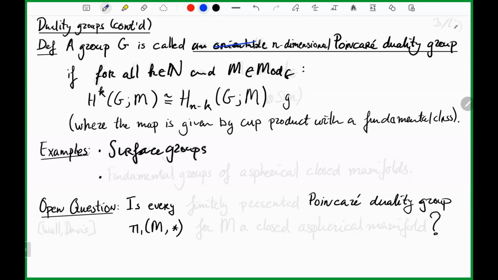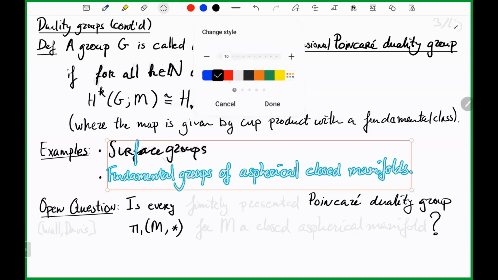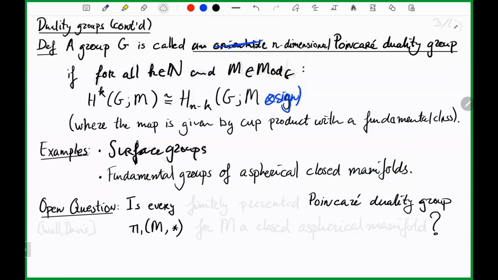I can get rid of this orientable at the cost of tensoring here with a sign representation. So you can talk about Poincaré duality groups where you just allow your group to act at least by a sign on the local coefficient system. And then more generally, a large class of these Poincaré duality groups is just fundamental groups of aspherical closed manifolds.